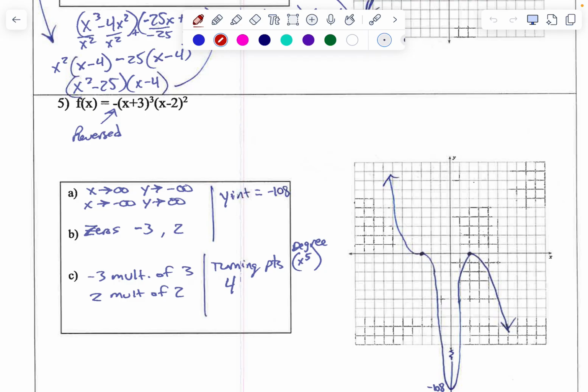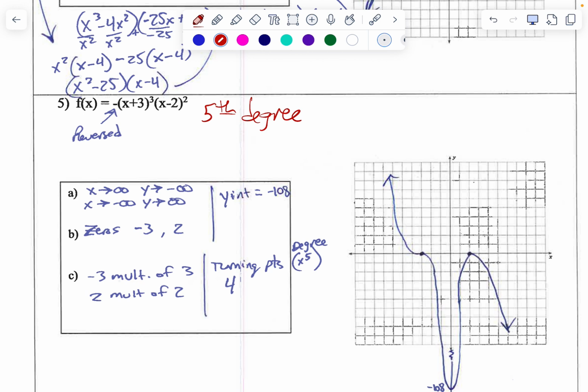And how do we know it's odd? Like, what is the degree, I guess is what I'm asking. Yeah, it's 5, because this x is to the third, this x is squared, and when we multiply those, it becomes a 5th degree. And then how do you find the y-intercept? I didn't show the work, I just wrote the answer.